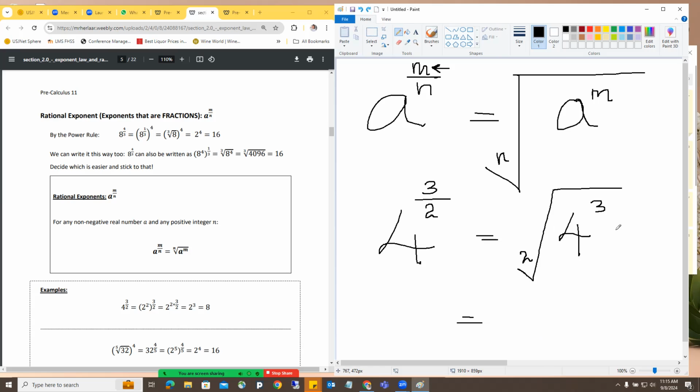You can take the value directly. 4 to the power of 3 is 4 times 4, 16, and 16 times 4 is 64. The square root of 64 means the answer would be 8.